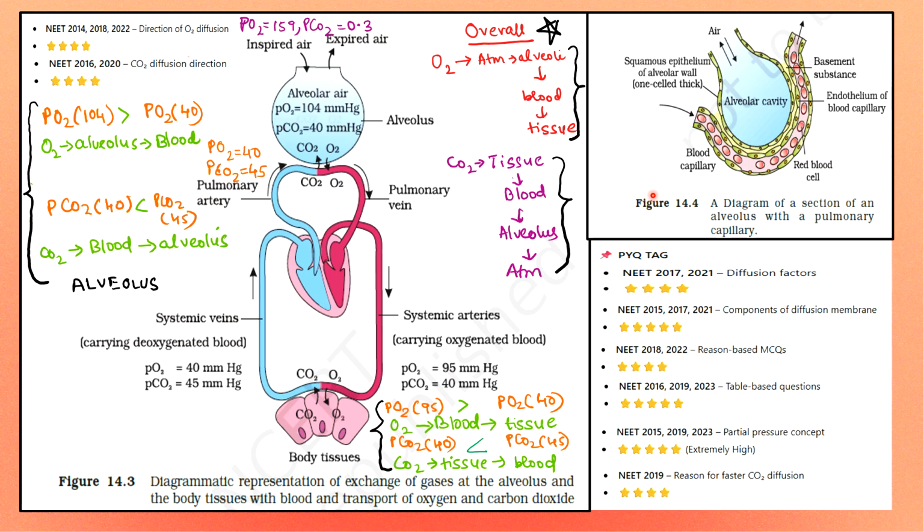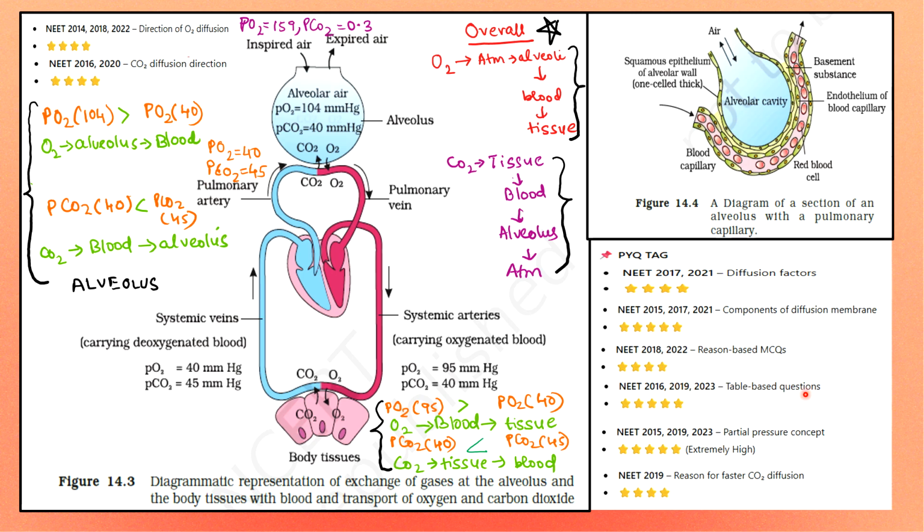Okay, these are the PYQ tags from which questions are asked, mostly from diffusion factors, components of the diffusion membrane, reason based questions like why oxygen diffuses and in which direction. What is the direction of carbon dioxide diffusion, why it happens like that.